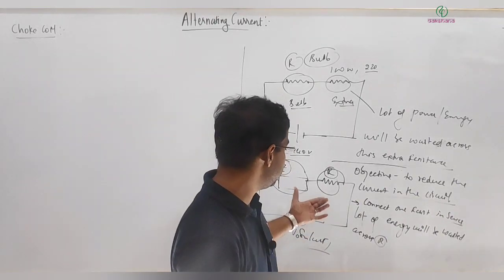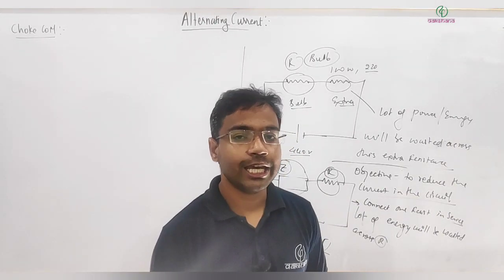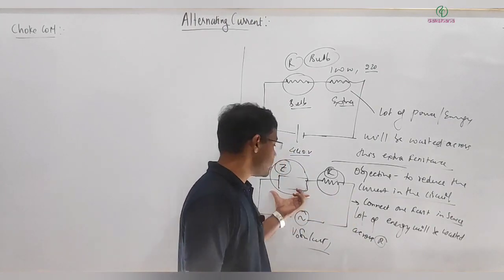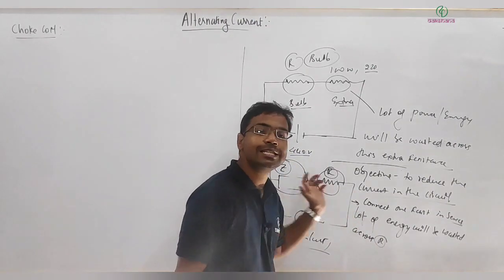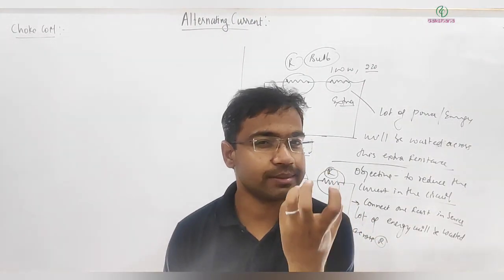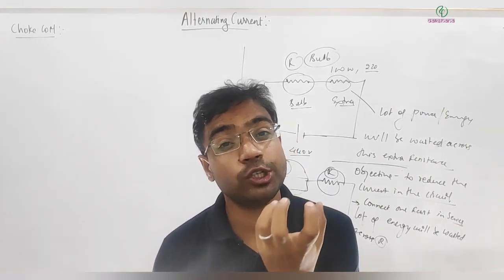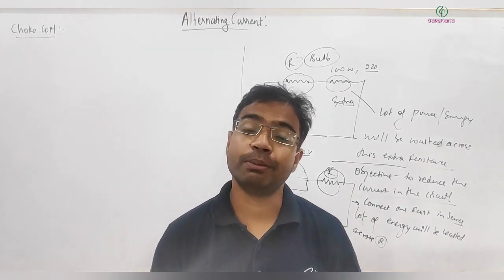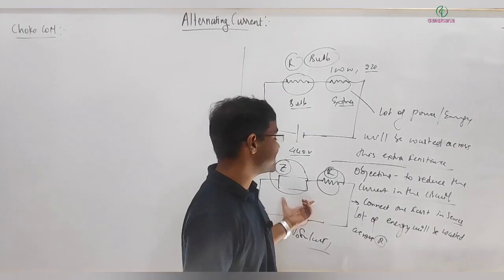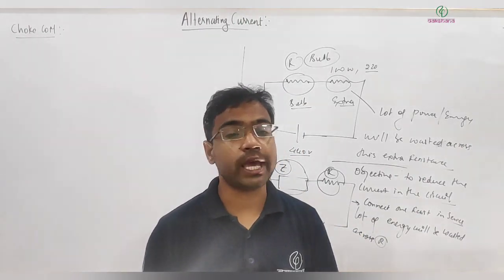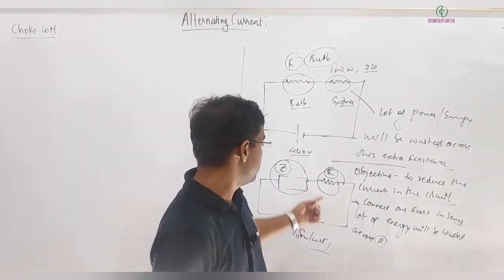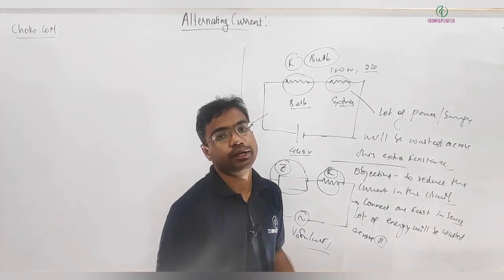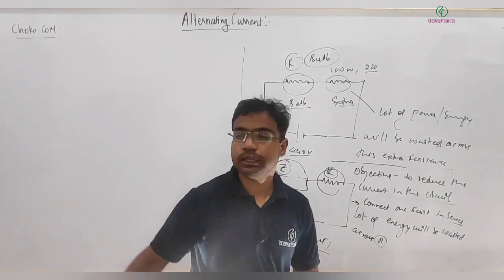If the requirement in the circuit is that we want to reduce the potential drop across this, or reduce the current in the circuit, then we need a special element that doesn't consume much power. The power loss is minimum, and still we are able to reduce the voltage across our element and the current, and that can be done by using this.